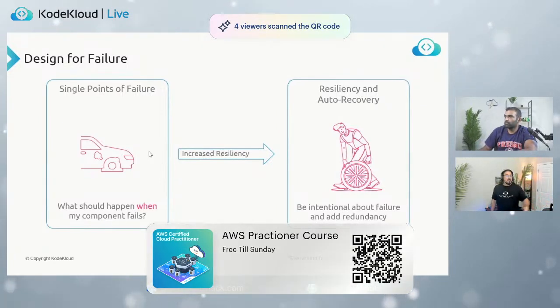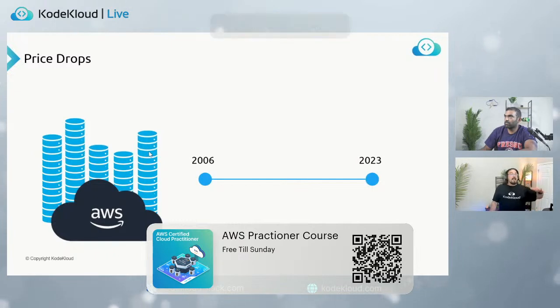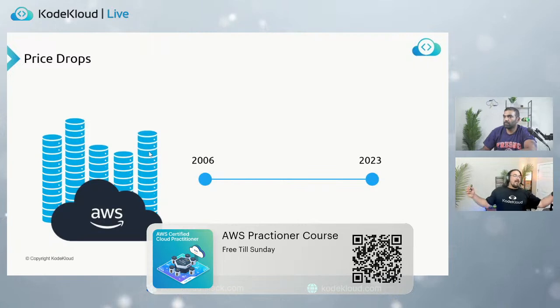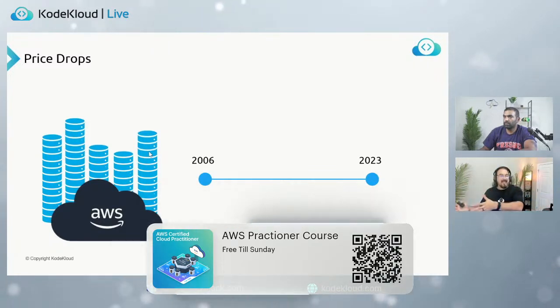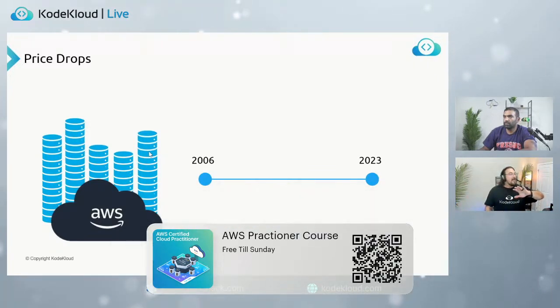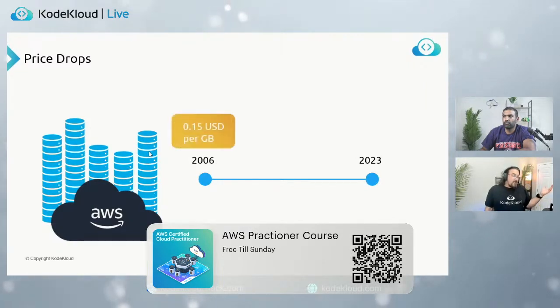So in addition to design principles, we'll talk about things like pricing and billing. Again, high level overview. Don't worry about having to memorize the cost of a virtual machine in this location at this size. AWS does not ask you those questions. Instead, do you know, for example, that with Amazon, the more you use, the lower the price is per unit, right?